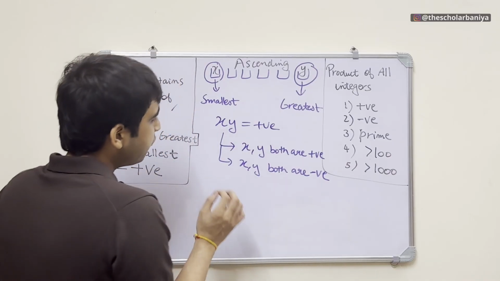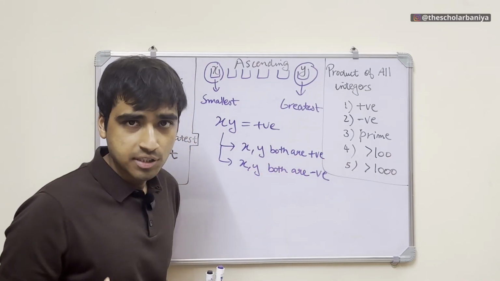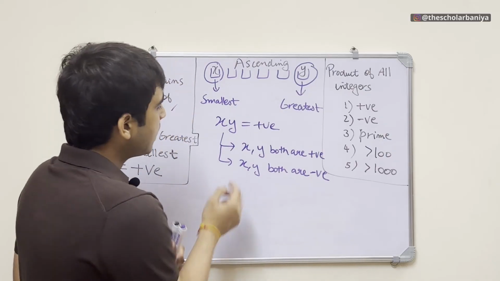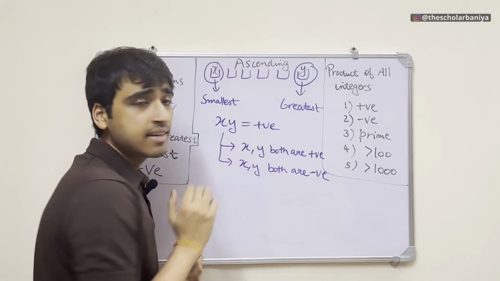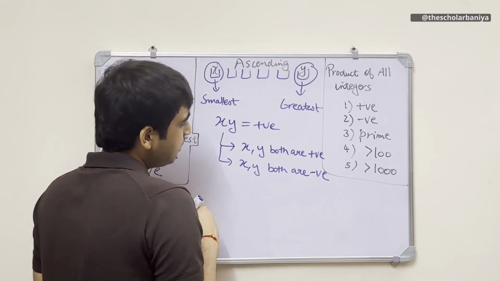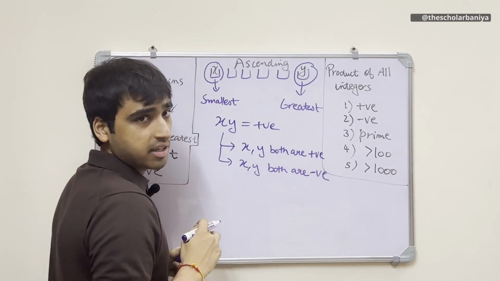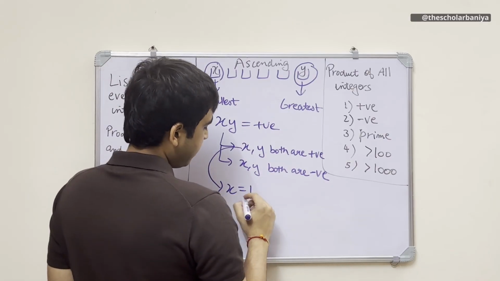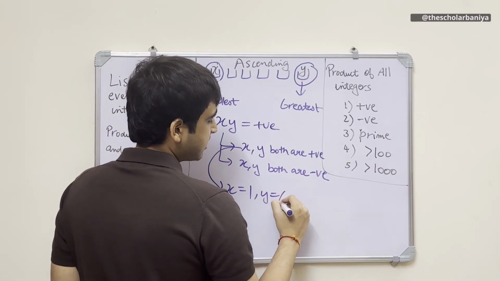Now, x and y are both positive or both negative, and they are the smallest and the greatest integers in the entire list. For example, if both are positive, let's assume x is 1 and y is 6.